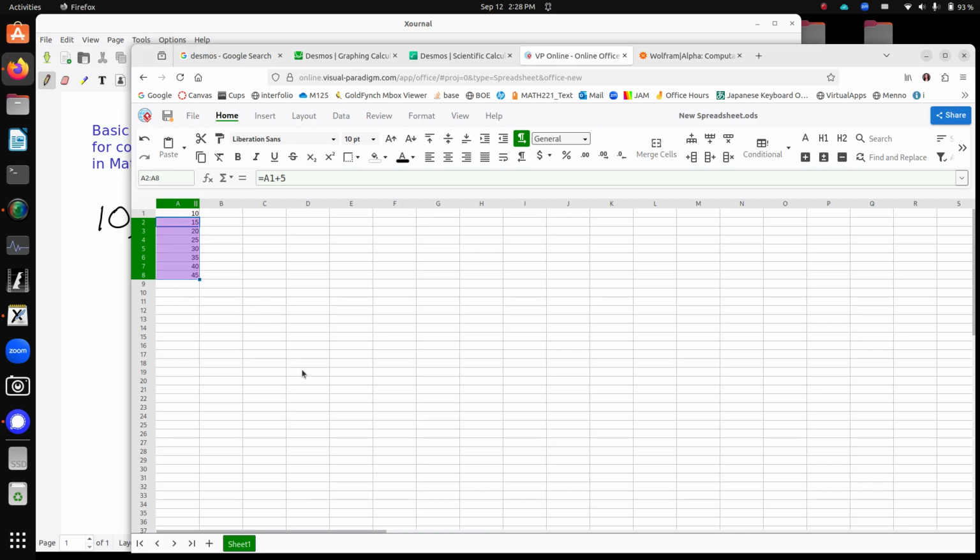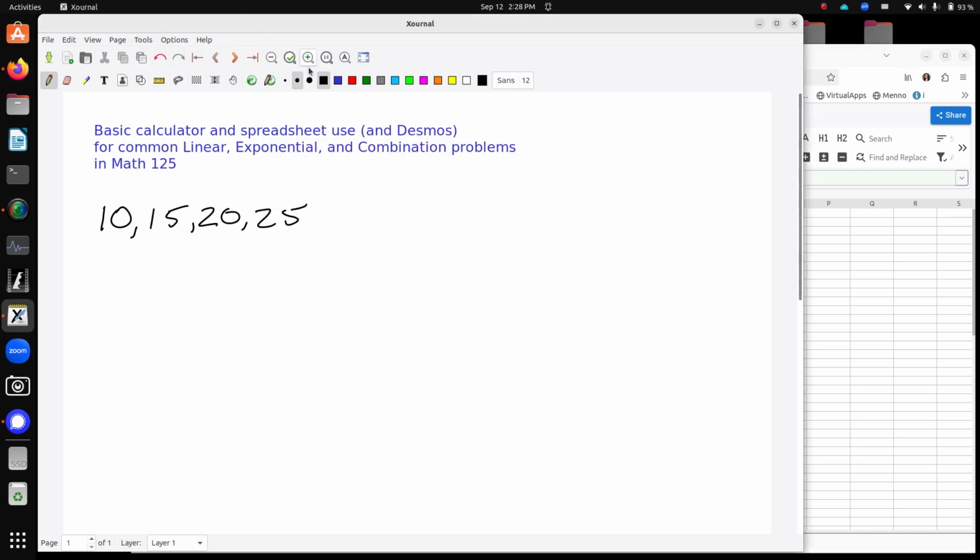And in order to show me that you did that, you could do this on your paper. You could say A1, and you could put a 10 here, and then you could say enter 10.